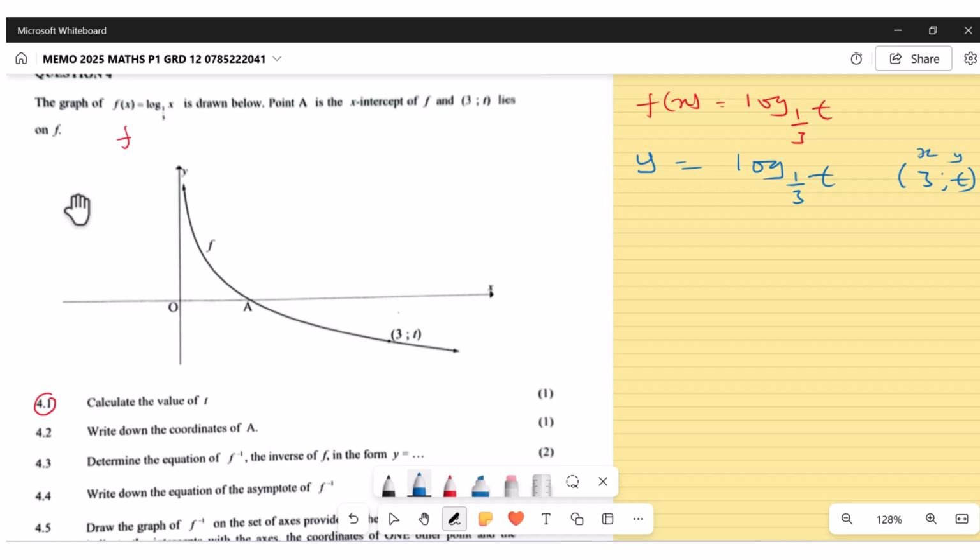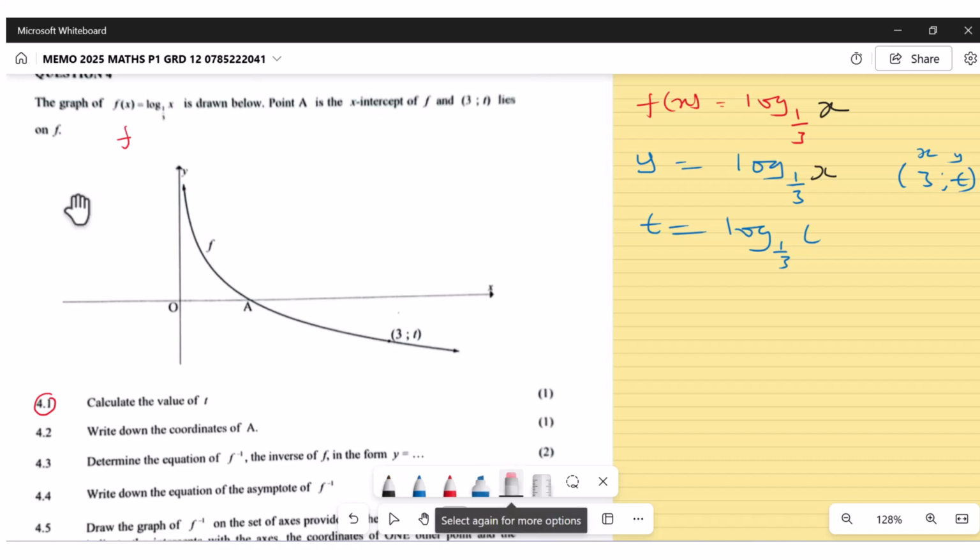Beg your pardon, this must be x, so this is log base a third of x here. Now when we substitute, our x is 3, so I'm going to put a 3 here.